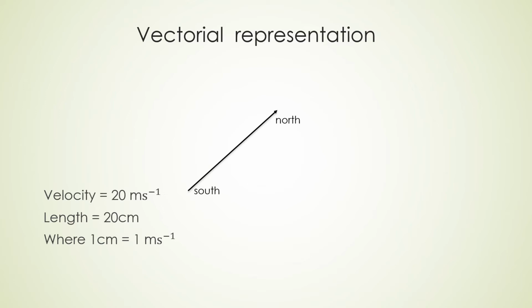This can be represented by drawing a line of length 20 centimeters, where 1 centimeter equals 1 meter per second. The arrow mark shows that it is towards the north direction.